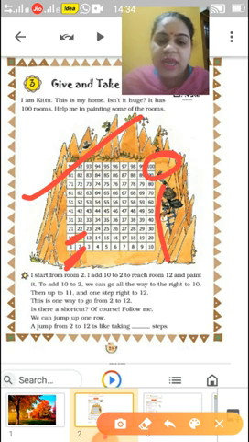To add 10 to 2, we can go all the way: one step right to 10, then up to 11, and one step right to 12. So one step he was taking right to 10 and one step right to 12.